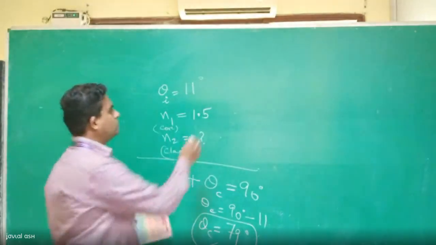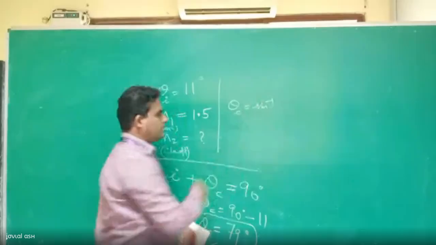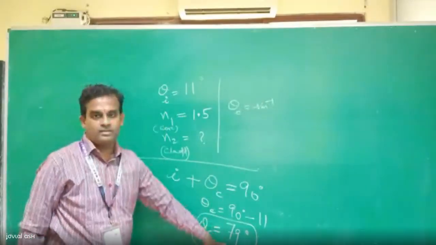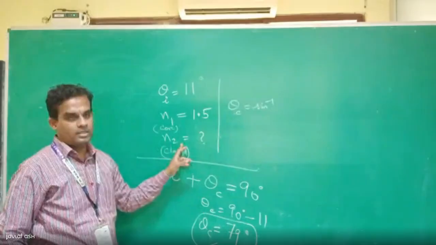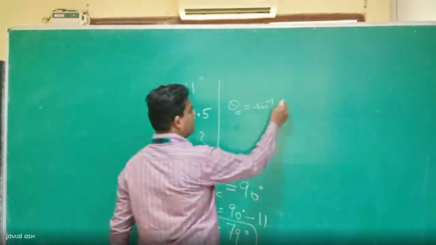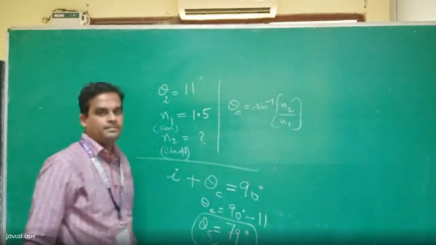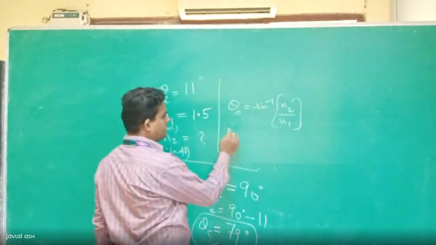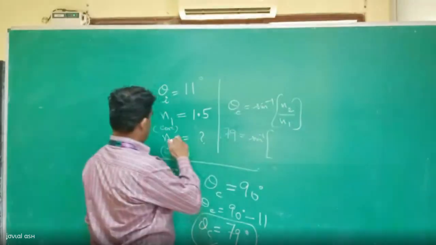This critical angle can be related to the refractive index of the core and the clad. It will be equal to sine inverse of clad index by core index. So you have your critical angle of 79 degrees, which is sine inverse of N2 by N1.